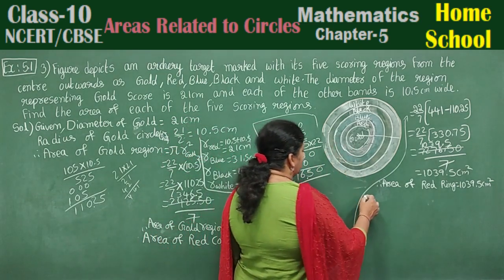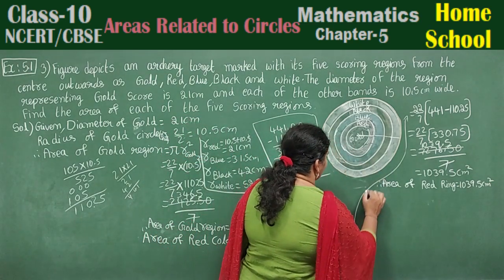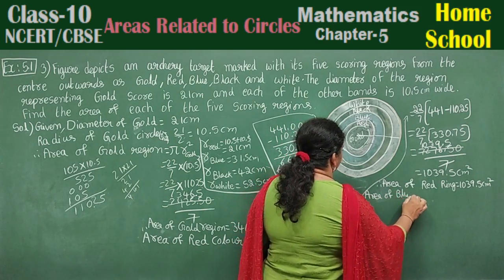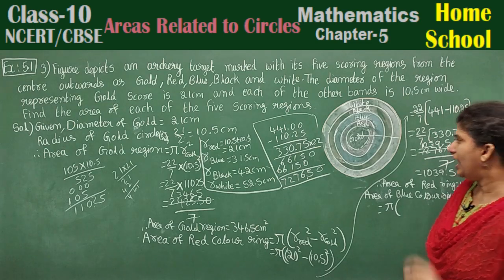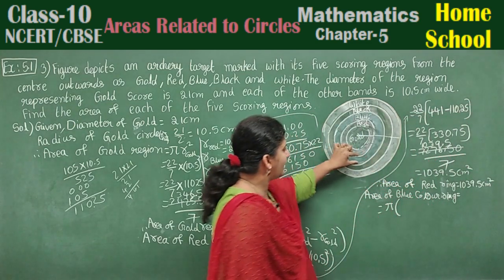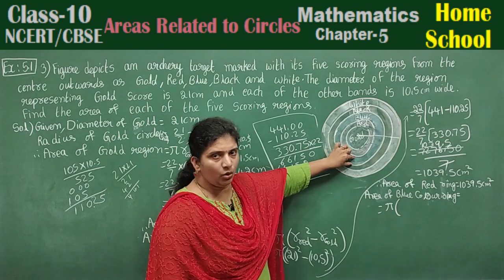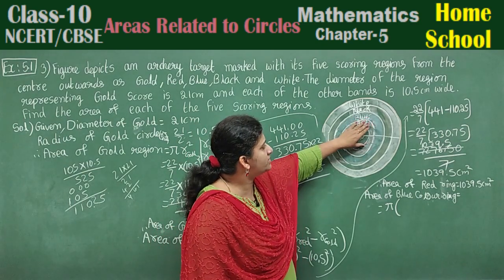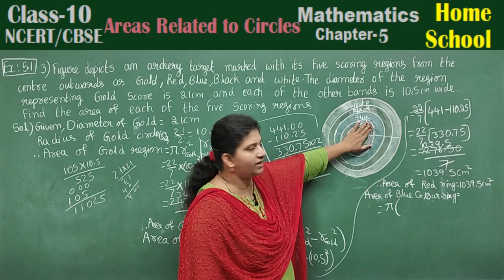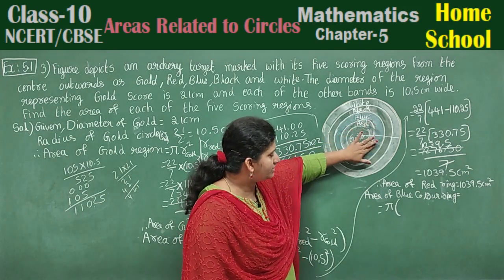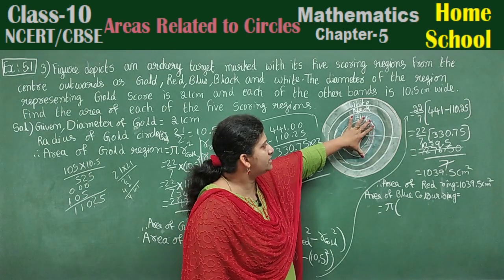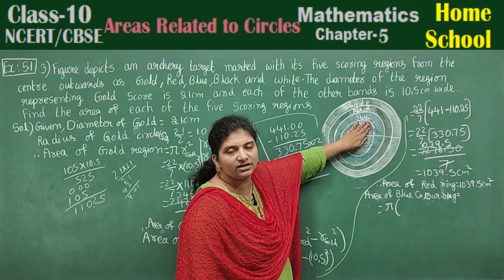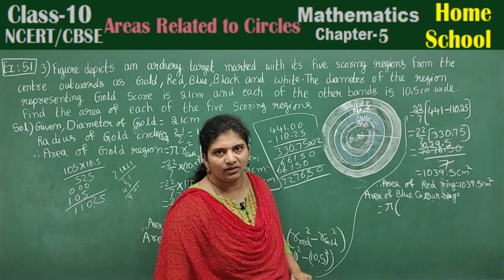What is your next color? Area of blue colored ring. Observe here carefully children. I need area of this ring. Okay, full complete area of blue color. And before circle what you have? Red color circle. Okay, if you want this ring area, this blue color area of a circle minus area of red color circle will give you the blue ring.